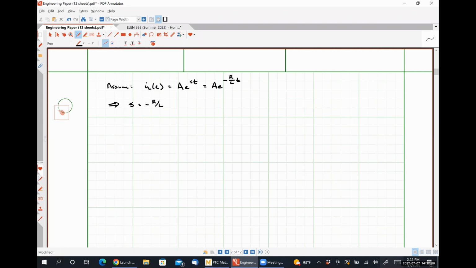Our goal now is to figure out what A is. So how we're going to do that is we're going to look at IL of t at 0.